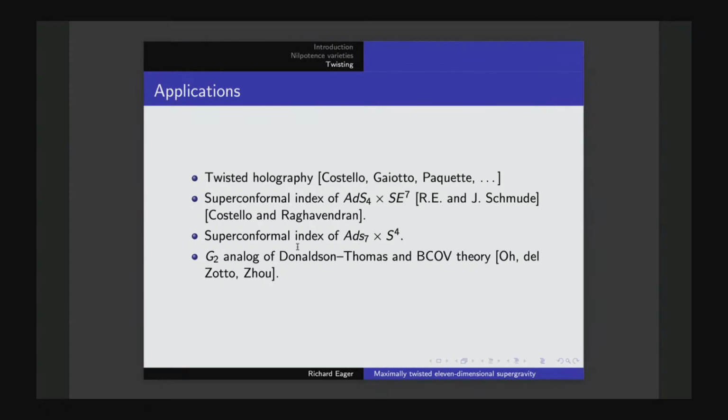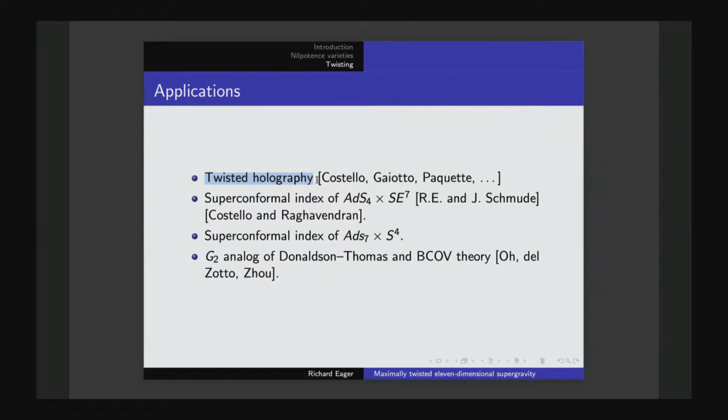There have already been several works that have just assumed this conjecture of Costello and Lee, or further conjectures by Costello, and proceeded from there using lots of interesting homological algebra. But the idea is that once we get this bridge fully up and running, any result in this twisted holography program will be an actual derivation of a physical result.